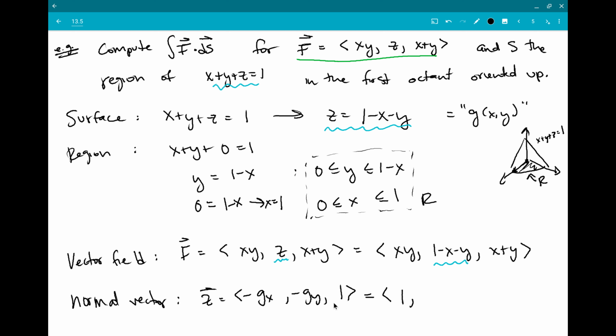G sub y is -1, so negative times negative, I again get +1, and the last component is 1. This formula backs up the standard orientation that surfaces will have, which is upwards. Technically something normal to the surface could point that way or that way, and we've just selected the one that points up. If somebody told you it had to be oriented down, then you would just take the negative of your normal vector.